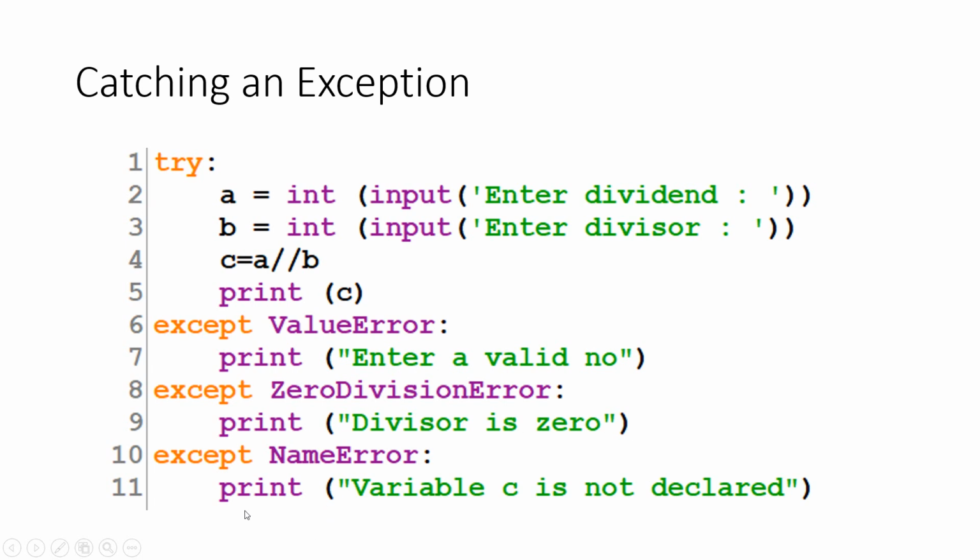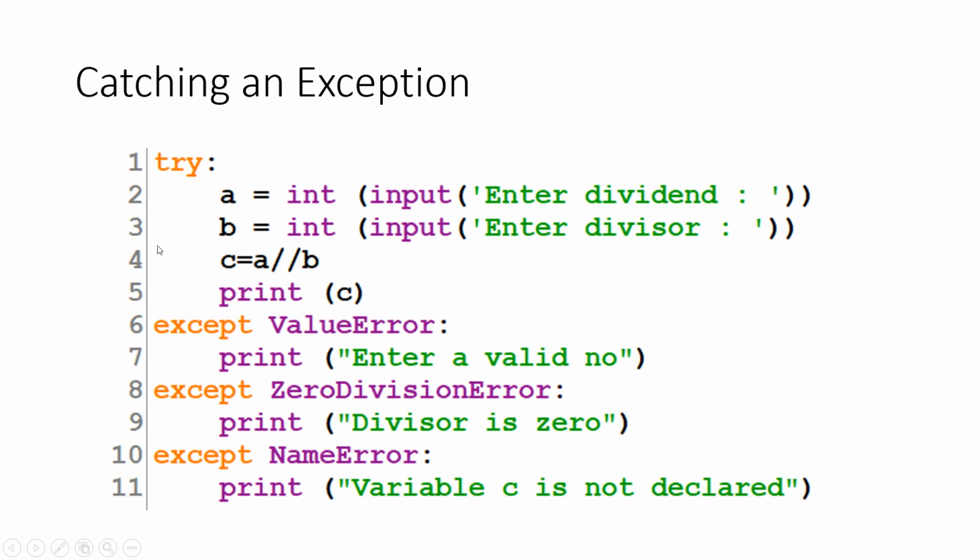That information we can give to the user. And also here sometimes we may get an error if C is not defined and we are trying to print C, right? Then it will give an error: there is no such value C or such variable C. Then that would be a name error.